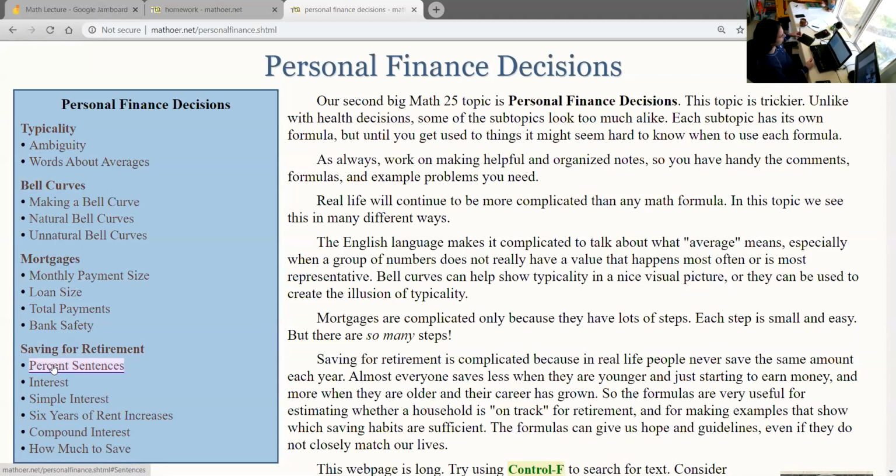We're going to do some review on percent sentences. We're going to talk about both simple interest and compound interest. And then we're going to talk about things like rent and how much you need to save for retirement. So that's our personal finance topics.